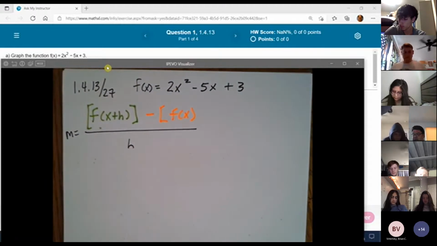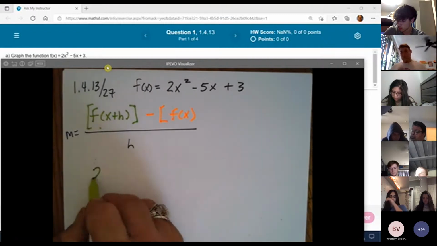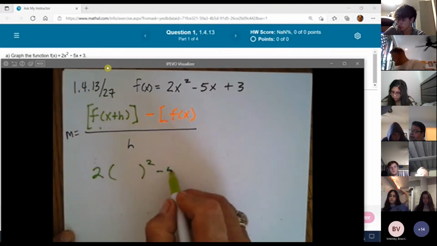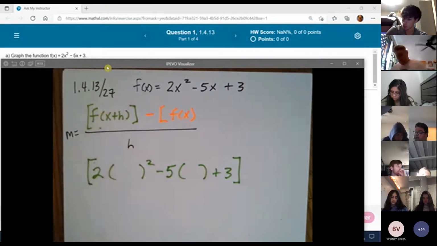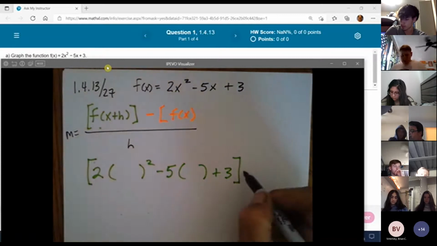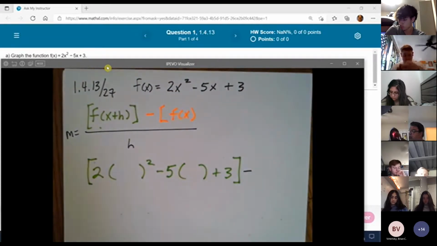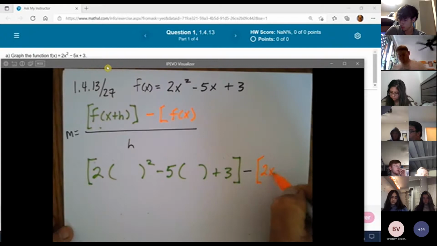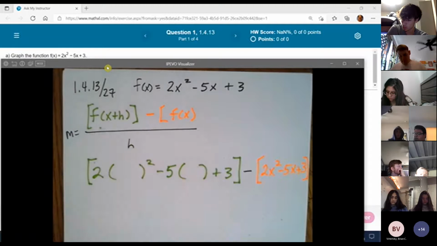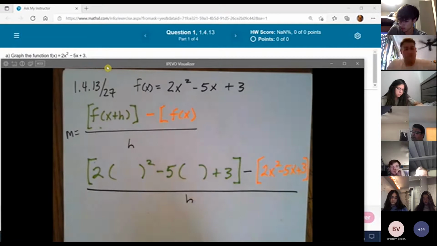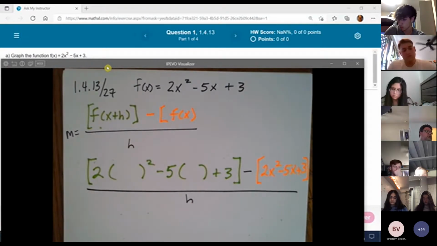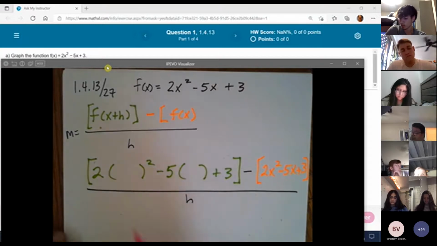So that means I'm going to rewrite 2 parentheses squared minus 5 parentheses plus 3 minus, and just put f of x in here, 2x squared minus 5x plus 3, all over h. And I'm going to plug in my x plus h in magenta, or whatever the color this is.